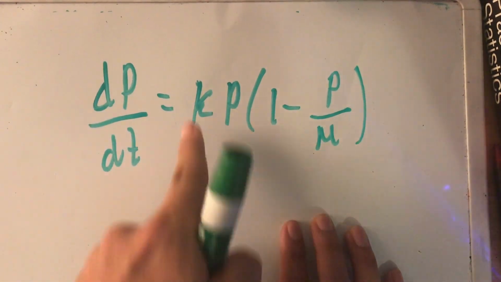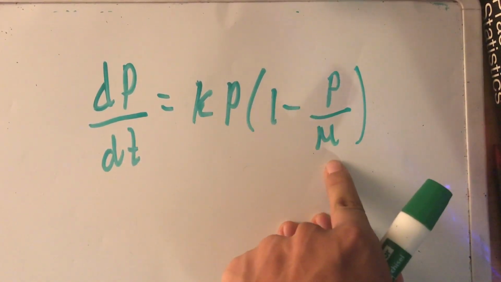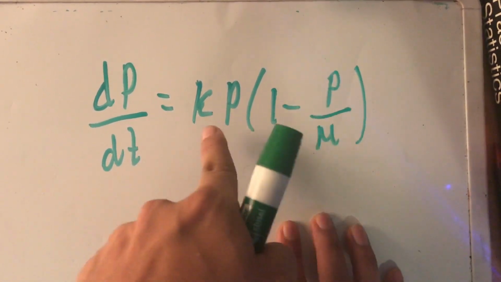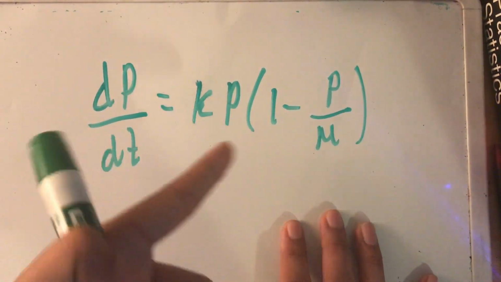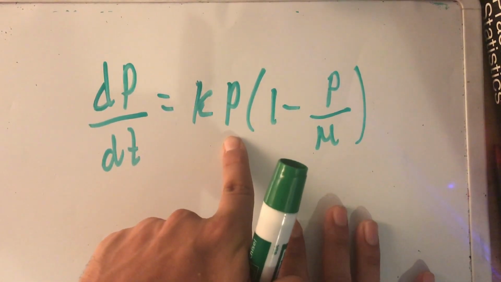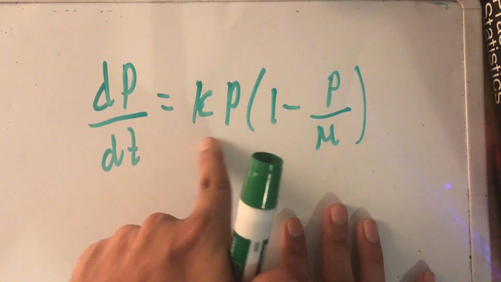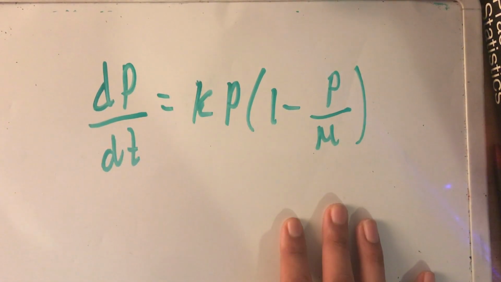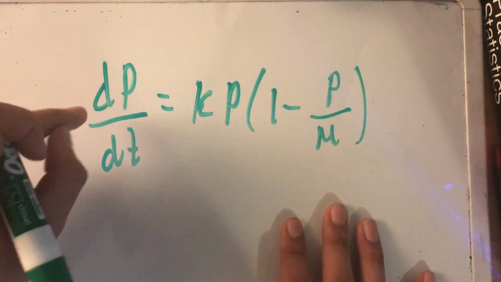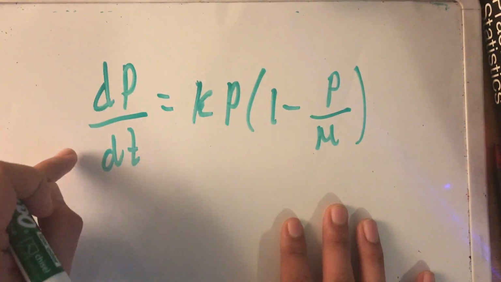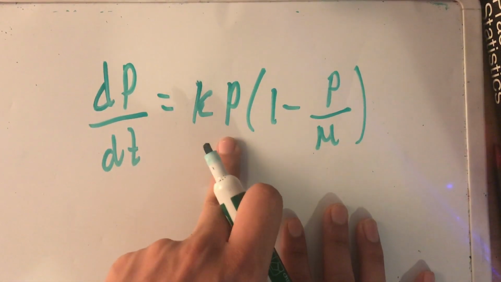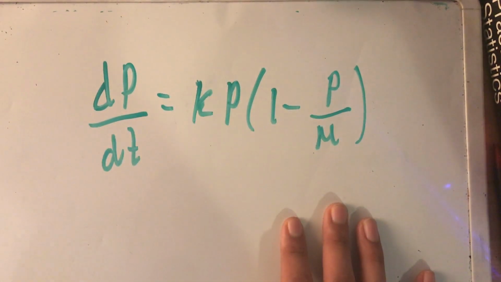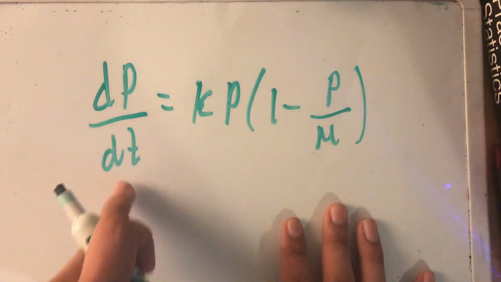The M and k are constants, because carrying capacity is a constant, and k is the constant of proportionality, a number in front of the P that dictates how fast your population is growing, basically how steep your line is. dP over dt says how fast my population is growing over a period of time. It's the derivative of the population with respect to time.